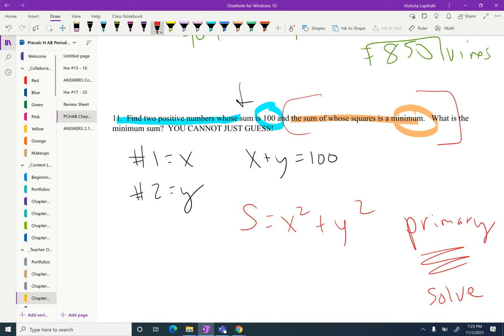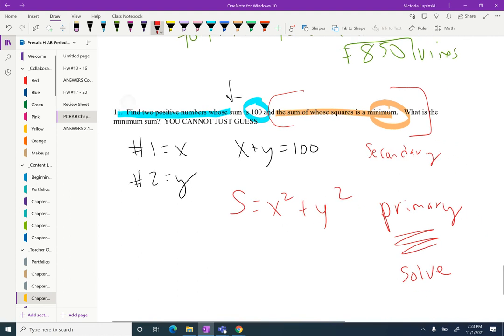This is the one that you're actually going to solve, where this would be called the secondary equation because it's really just the helper. If you're trying to minimize this equation, you can't have x's and y's. So you have to take this equation and solve it for x or y. It doesn't matter which one. I'm going to solve it for y, which means that y is going to equal 100 minus x.